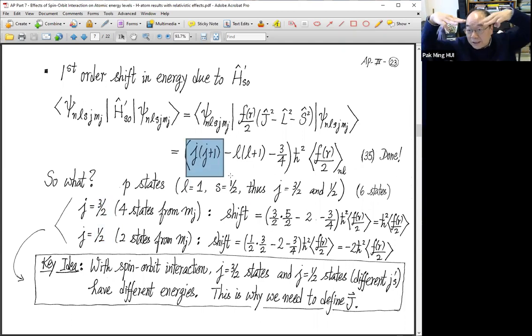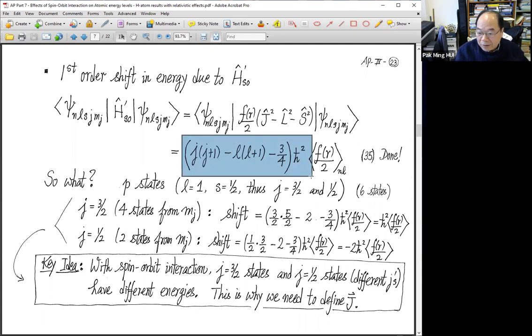The 6 states will become 4 and 2. They will take on different energies. Do you get the point? That is spin-orbit splitting. Spin-orbit splitting. Do you understand? Depending on the J now. Very simple answer.